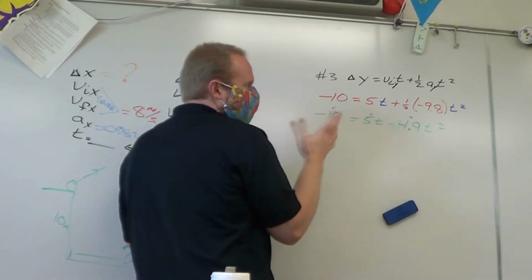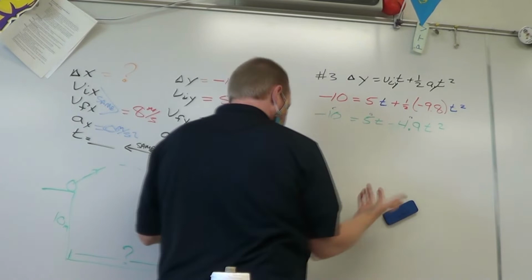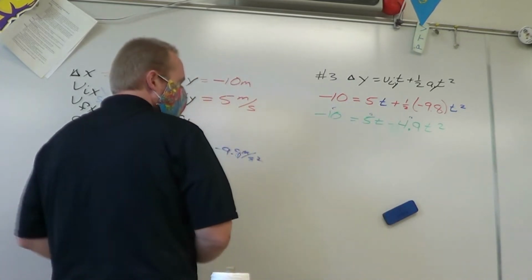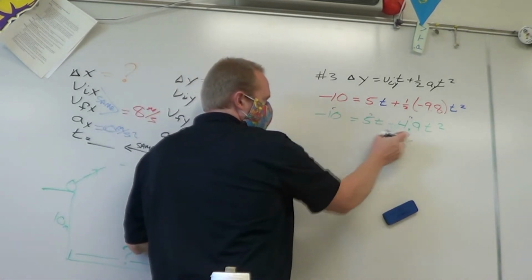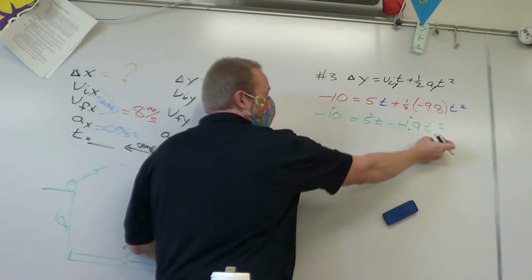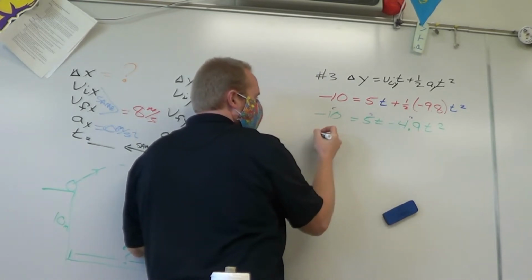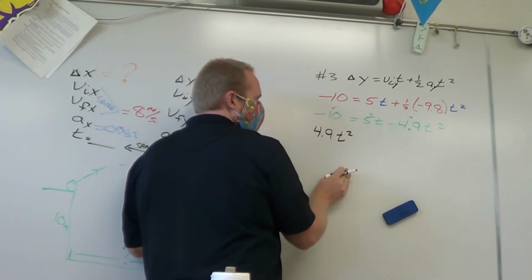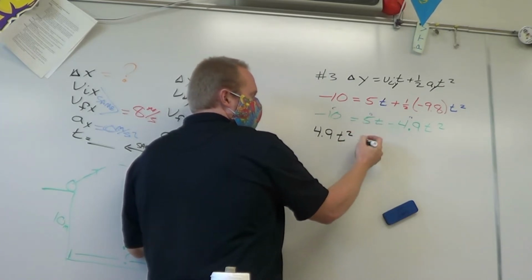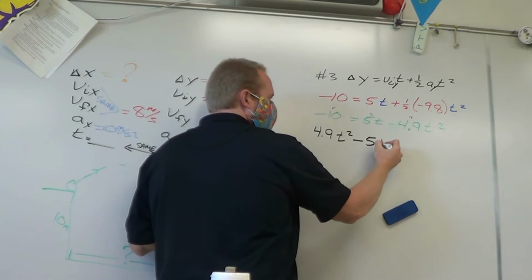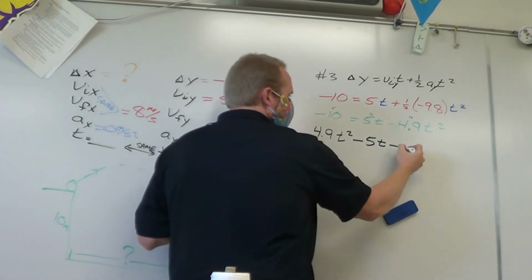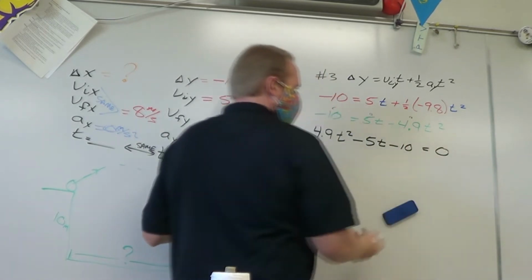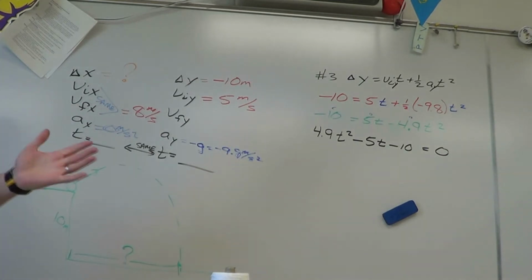Okay, so we can move A and B, but realize we could move this over. So if we're going to move the A chunk over, this was minus 4.9, so this becomes a positive 4.9 t squared. This is plus 5, so this is going to be a minus 5t minus 10 is equal to 0, right?